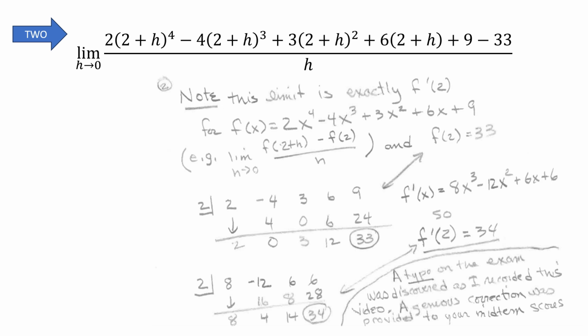Was using the definition of the derivative and observing that f of 2 was 33. The easiest way to figure that out was to use synthetic division. The derivative of this function then would be 8x cubed minus 12x squared plus 6x plus 6, and that means f prime of 2, rather, again using synthetic division, is 34.